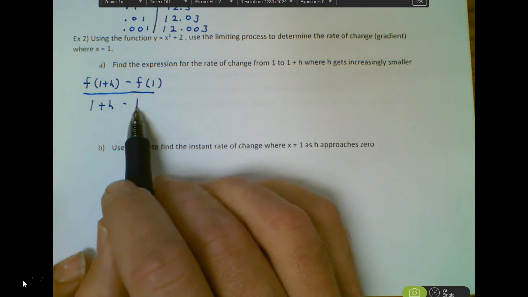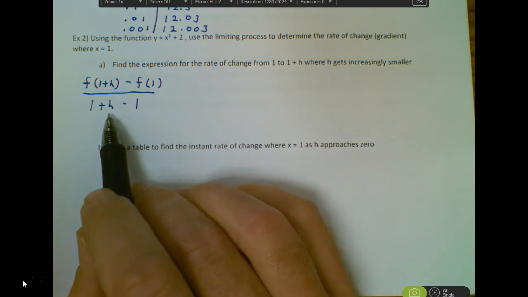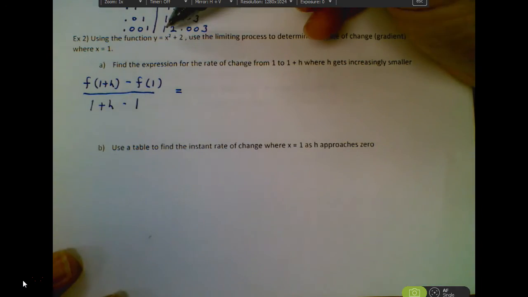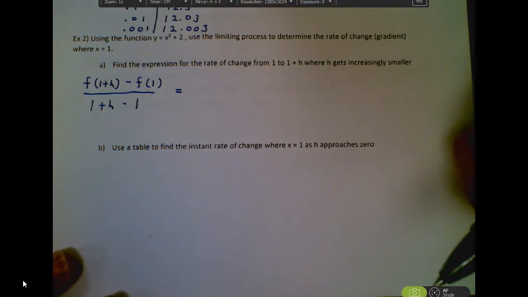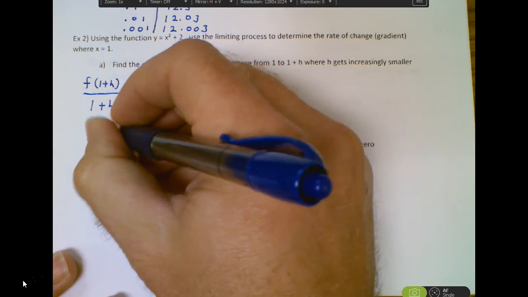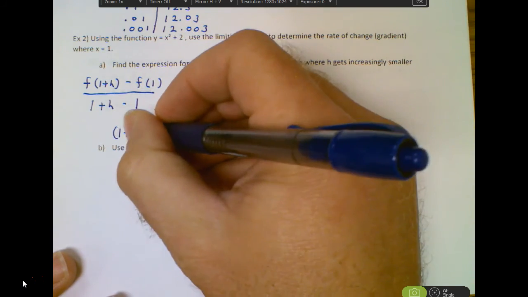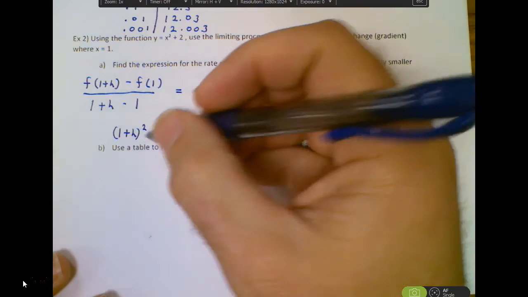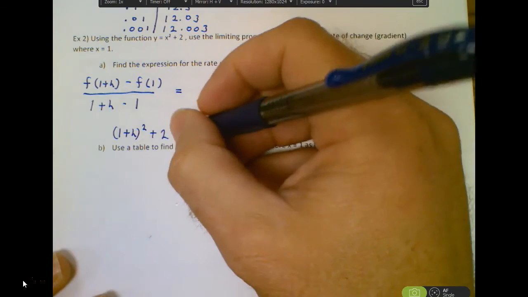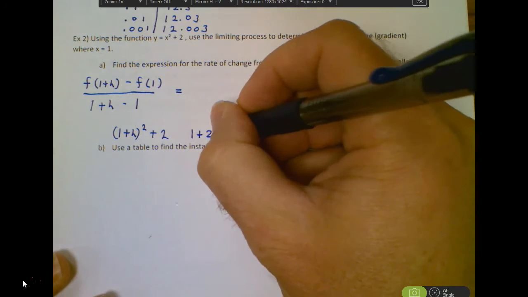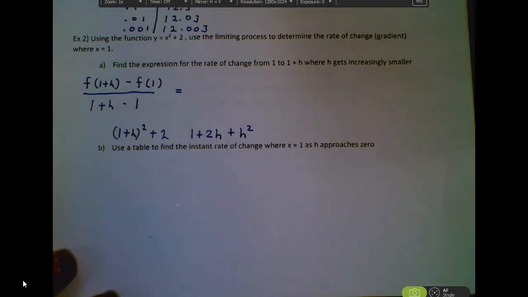This guy and this guy will always cancel, and I will always be left with just an h on bottom. On top, I need to plug in 1 plus h for x in order to get a y coordinate to go here. So if I did 1 plus h squared plus 2, I'm going to get the y coordinate that goes right there. So if I expand out my 1 plus h, I'm going to get 1 plus 2h plus h squared.